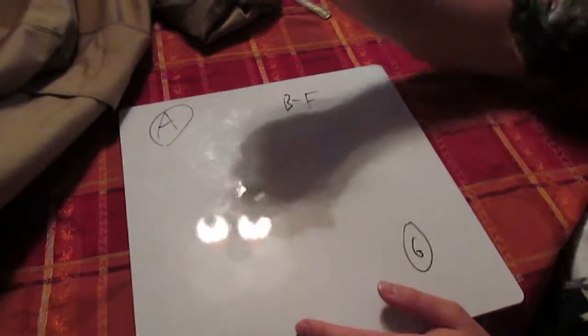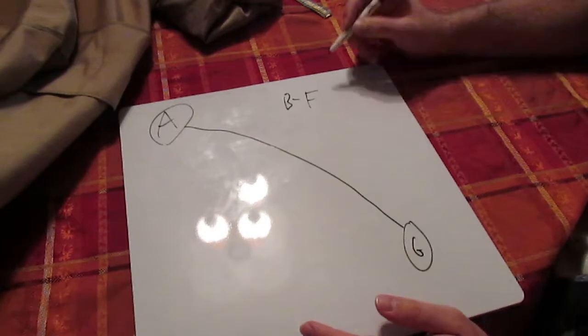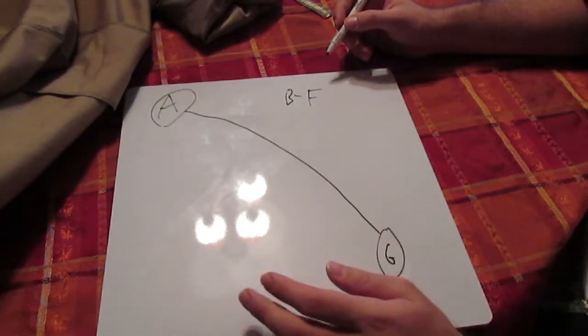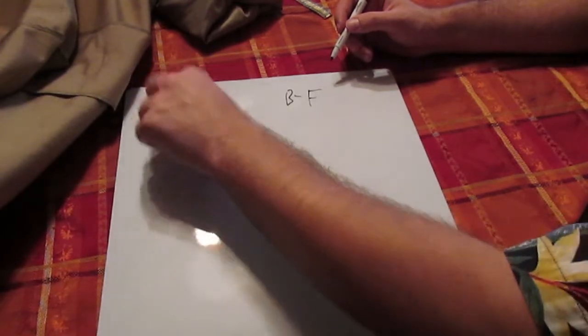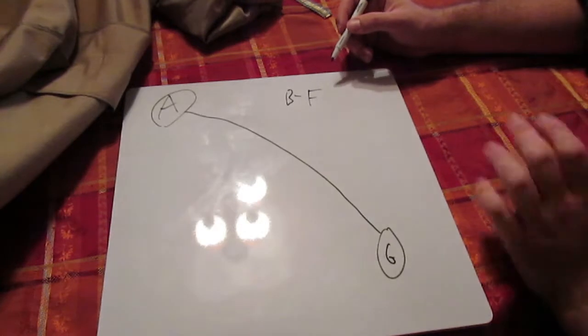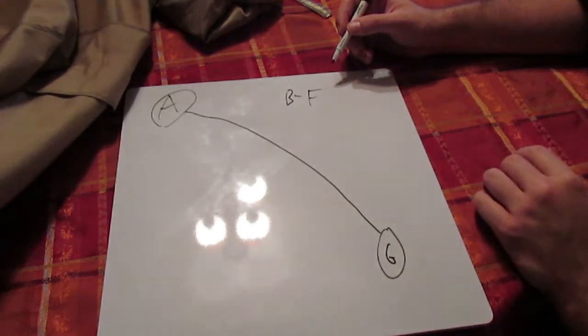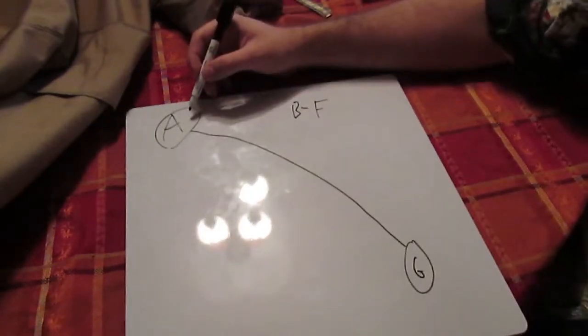So, you can travel from point A to point G. However, it's impossible to move anywhere ahead or before point A. That sounds complicated. It's not complicated. Point A is its own universe.